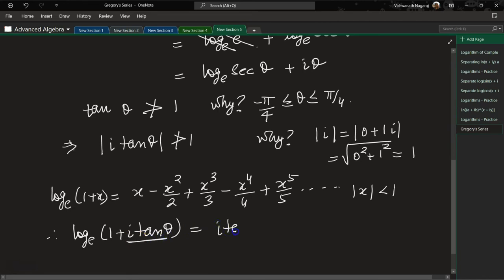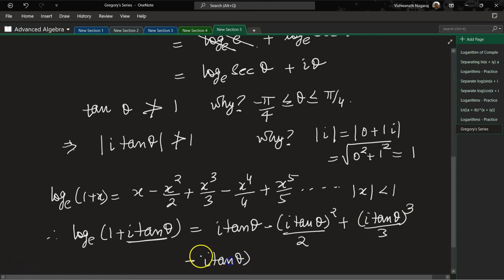We get i tan theta minus i tan theta square by 2, plus i tan theta cube by 3 minus i tan theta to the power of 4 by 4 plus i tan theta to the power of 5 by 5 and on and on and on.